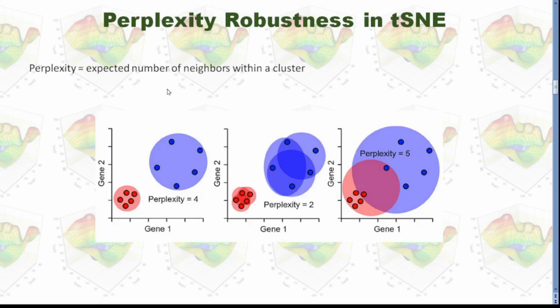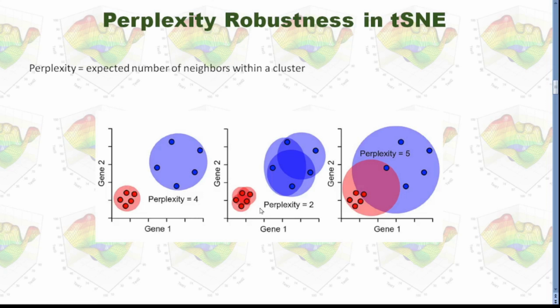Perplexity in t-SNE is critical. For example, if we have 5 data points here and 5 data points here, visually we can see there are 2 groups. If we choose perplexity equal to 4, we are going to get the correct result, and you can see we will have this red group and blue group.